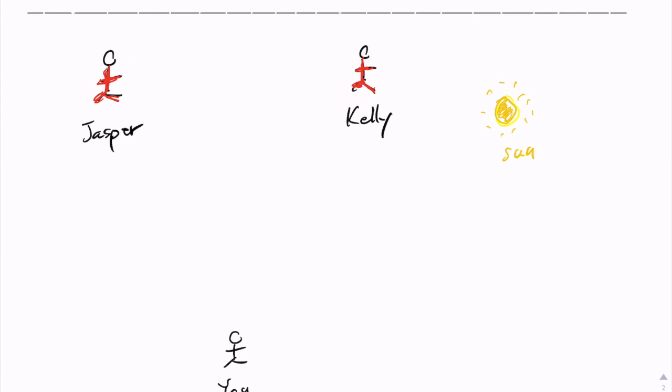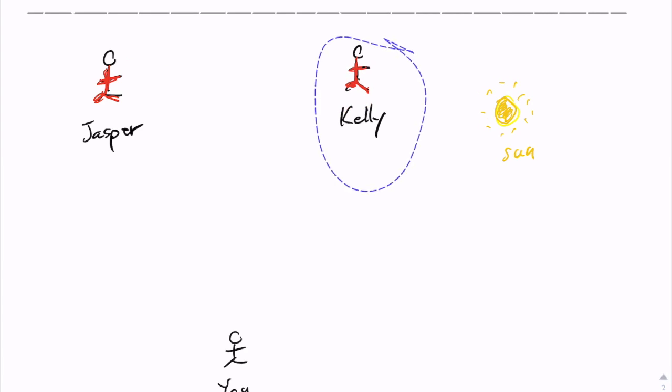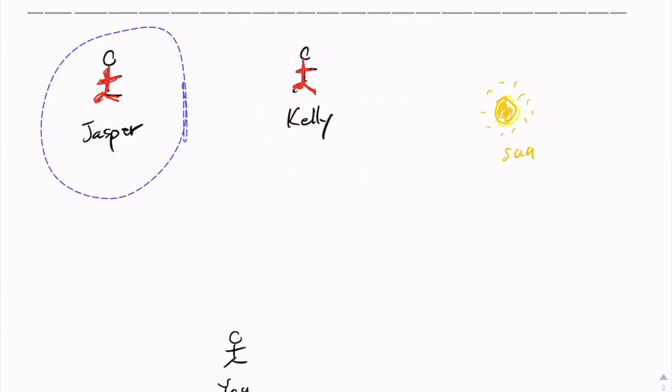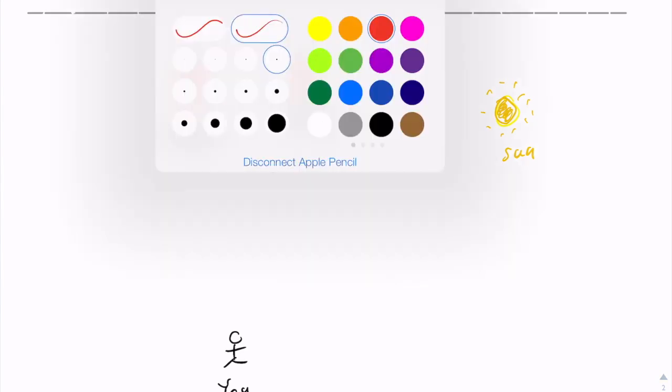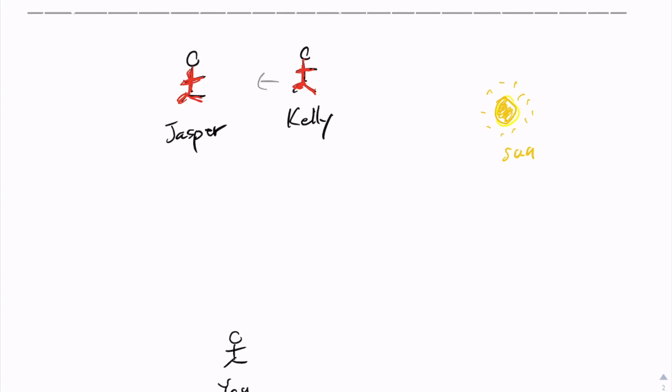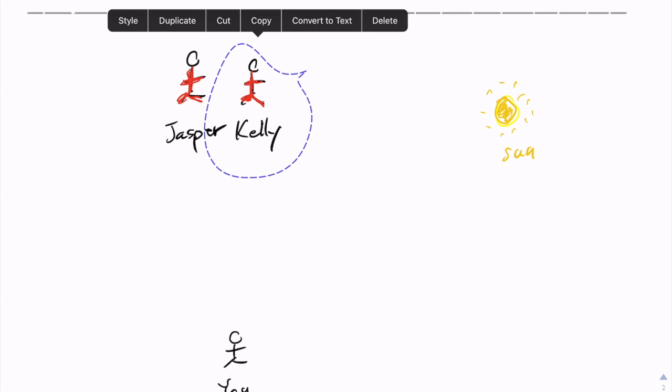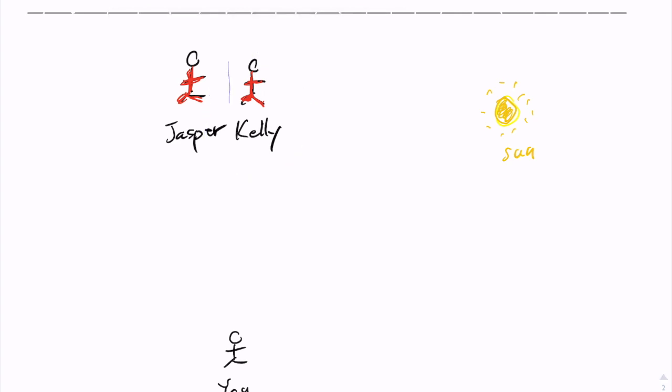Now, as they move closer together, as Kelly moves closer to Jasper, moving inward towards each other, it becomes more and more difficult to see them. When they get close enough, they're going to appear as if they were one person.